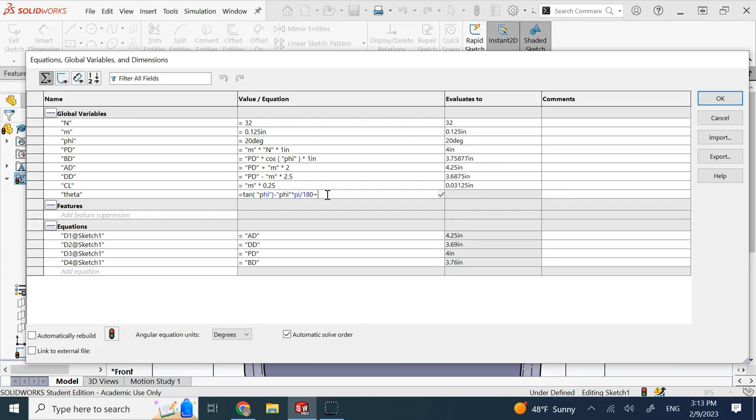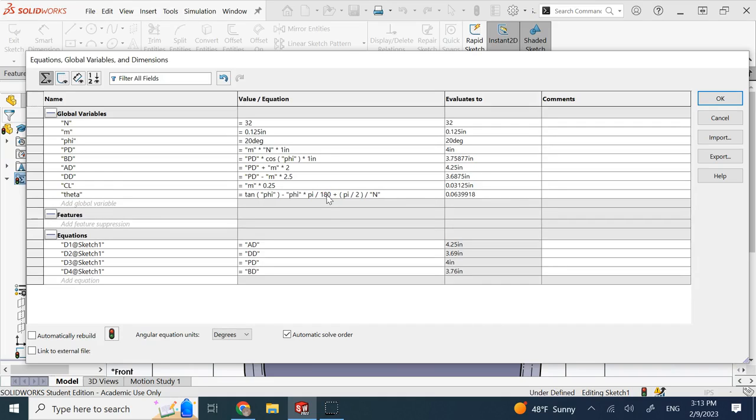And then you need to add to it pi over 2 divided by n. So it's going to be pi over 2, the whole thing, divided by n. Okay, and here it finds the whole thing in radians. That's the angle in radians.